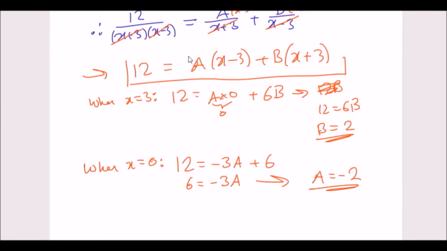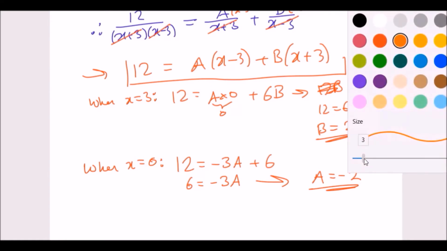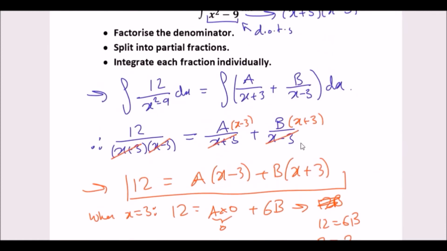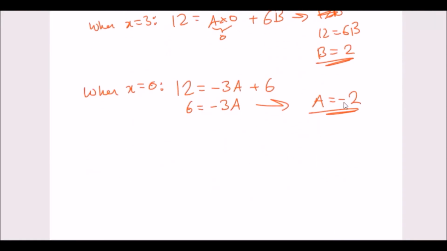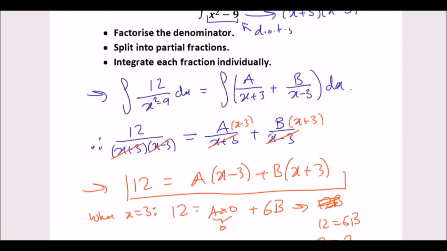And that's it. Now all we really should do is plug this back into the original equation. So let me just make the pen a bit thicker. Okay. So what do we have? We said that the integral can be written like this. So copy the integral, replacing a and b. So we can say finally that the integral of a over x plus 3 plus b over x minus 3 dx, just checking if it's the same thing.